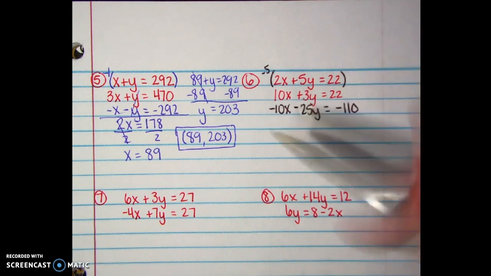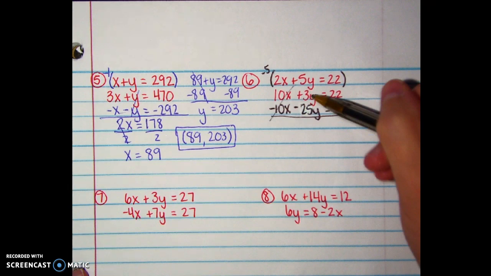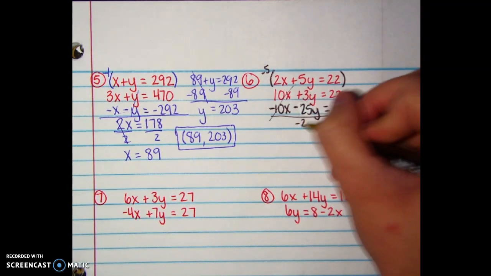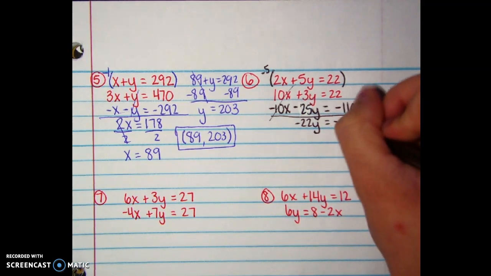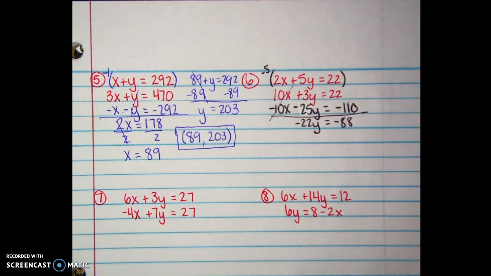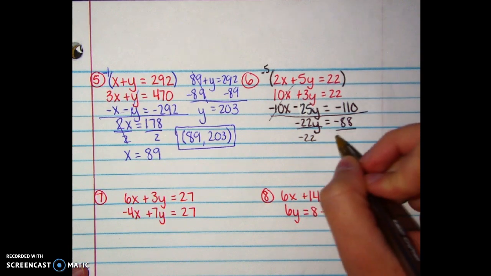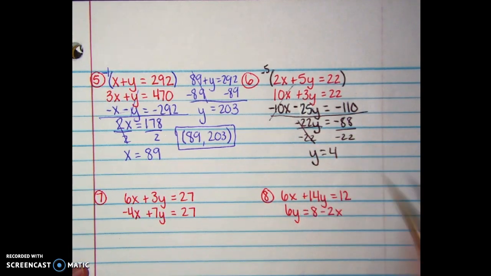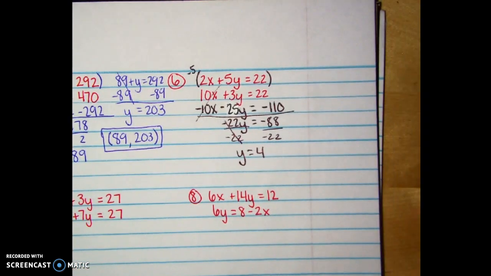Okay, so now I have my opposite, so I can go ahead and add together. 3 minus 25 is negative 22y, and 22 minus 110 is negative 88. Divide by negative 22, and y equals 4. And now I can substitute that 4 into either one of the equations.